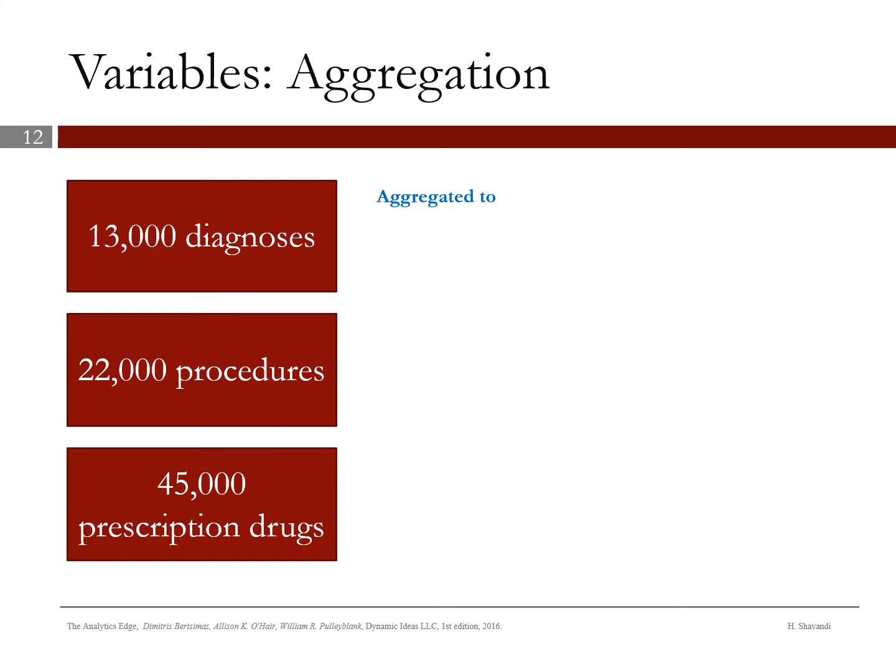In the claims dataset, in the D2 Hawkeye case, there were a very large set of variables, like 13,000 diagnosis variables, 22,000 procedures variables, and 45,000 prescription drugs. So they decided to aggregate variables in order to have a smaller list of variables.